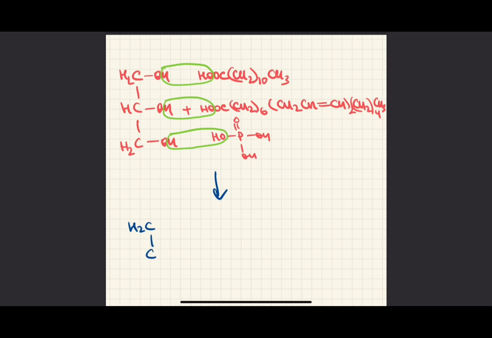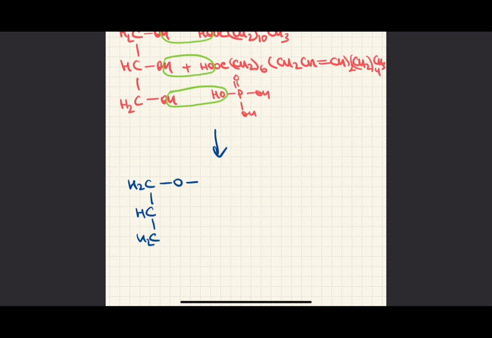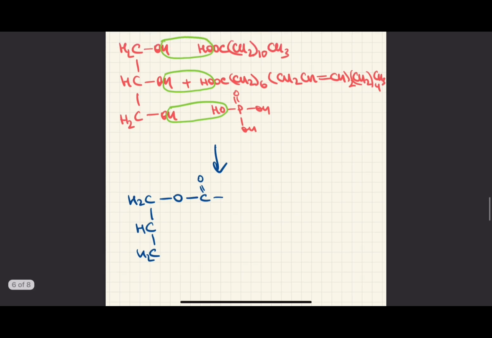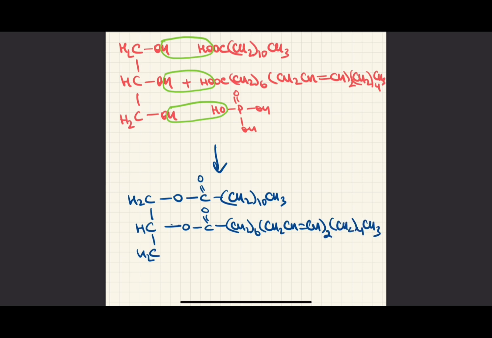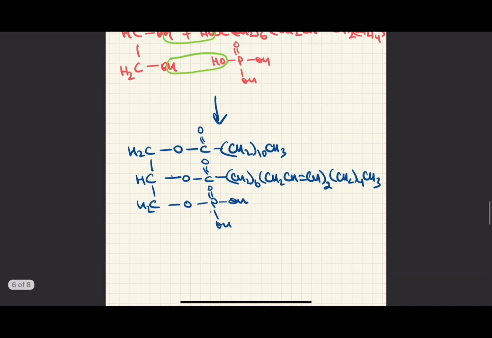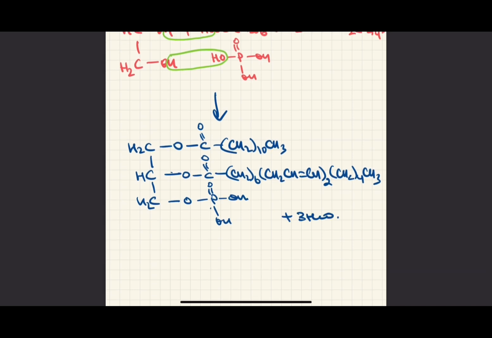H2C, CH, CH2, and I will do O, and then I have CO like this, CH2, 10 of them, CH3, and then CO, CH2, 6 of them, CH2, CH, 2 of them, CH2, 4, CH3, and then we have O, P, O, OH, OH, and you will create 3 moles of water. That's what you have.